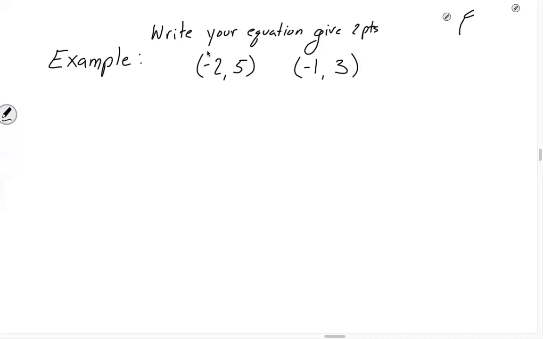All right. Nate, step number 1, label. I have 2 points, so I need to label them x1, y1, and x2, y2. Andrew, step number 2. Do you know what equation to use?